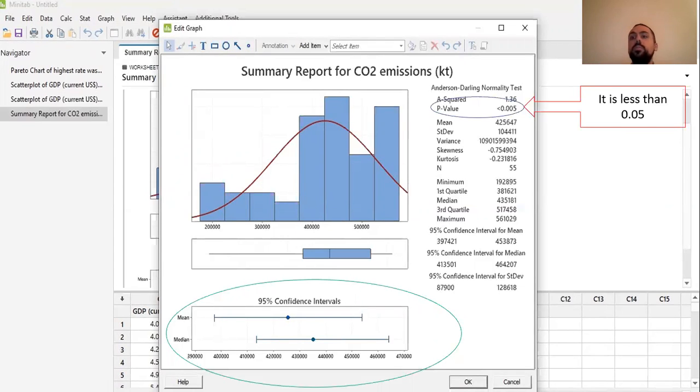And also we have some general information regarding our data, such as median, standard deviation, variance, minimum and maximum, first quartile, third quartile, and it also shows which range of the mean is in the 95% confidence interval, which range of the median is in the 95% confidence interval, and which range of standard deviation is in the 95% confidence interval.